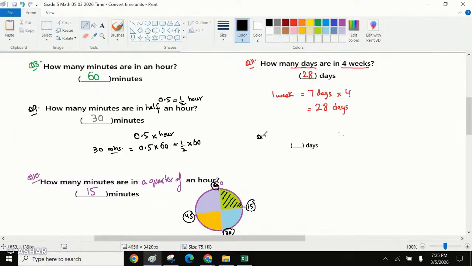Question number 12. What can be the most number of days in any given month?